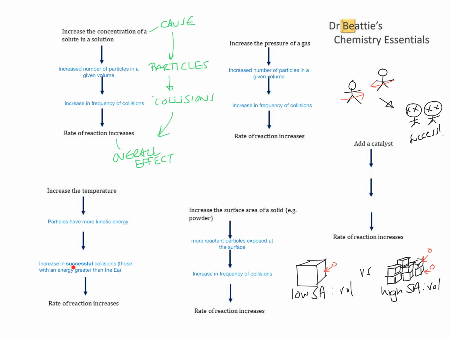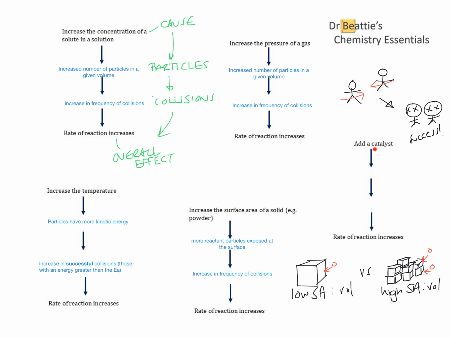It's really important to notice that we have an increase in successful collisions, those with an energy greater than the EA. This, in all the other ones, has only been the frequency of collisions. It has no actual effect on the amount of those collisions which are more or less successful. Only temperature has this effect.